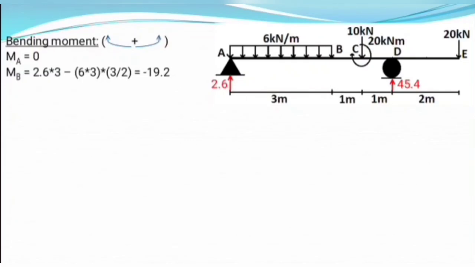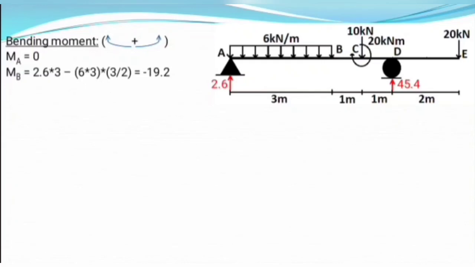The moment due to the UDL is in the anti-clockwise direction. As you can visualize, calculating moment about point B, it gives a negative moment, whose value will be equal to 6 times 3 times 3 by 2.